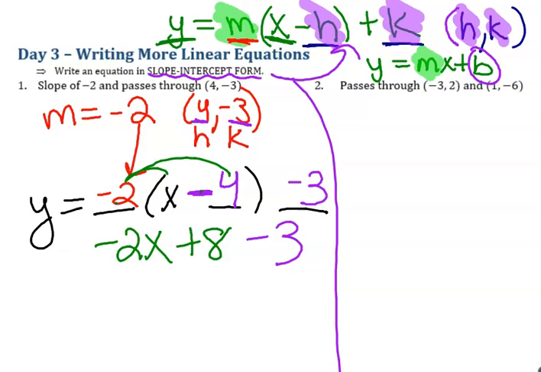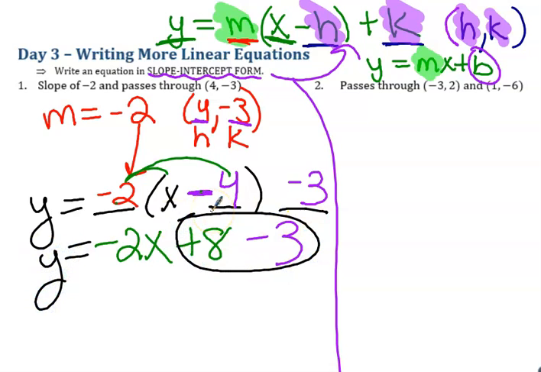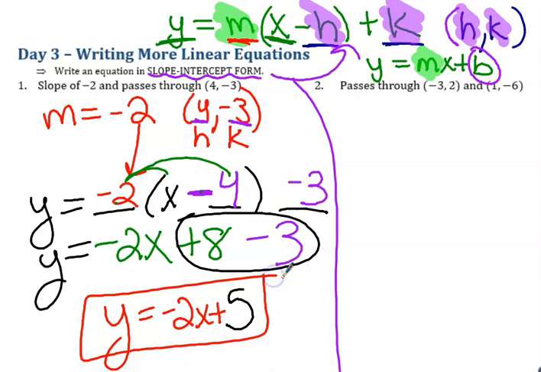Plugged in the M, plug in the H and the K, and then let's solve this. So now I'm going to combine like terms, and I have 8 minus 3, which is +5, and then I bring everything else down. Y equals -2x plus 5. And now I have it in slope-intercept form, okay?